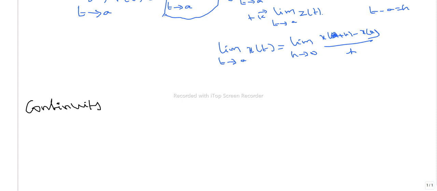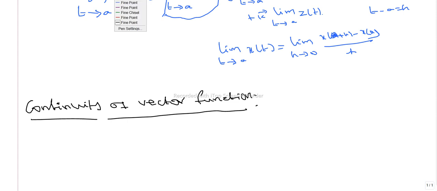Continuity of vector function. So same thing: in the case the limit as x approaches a of f of x equals f of a, then we say f is continuous.